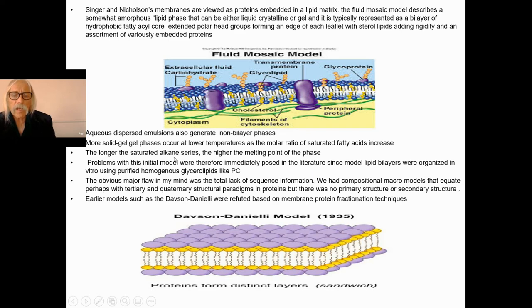The longer the saturated alkane series, so the longer that you get, C6, C8, C10, C12, that's what it means, adding on the carbon units, the higher the melting point of the phase. Okay.